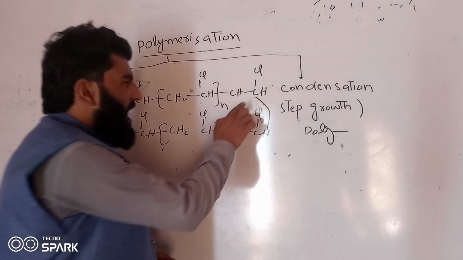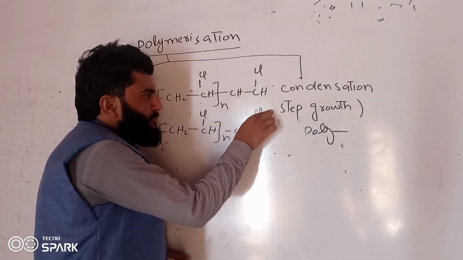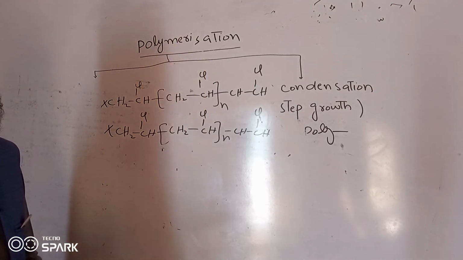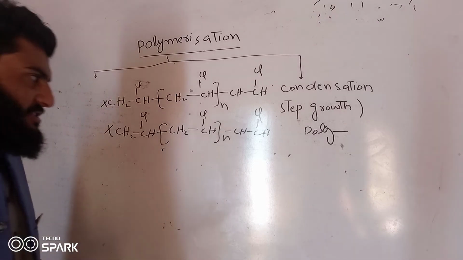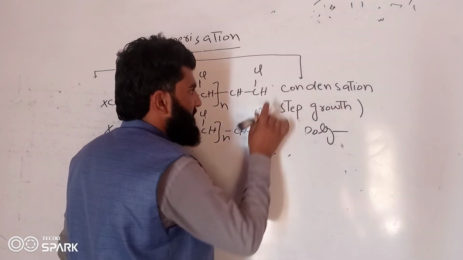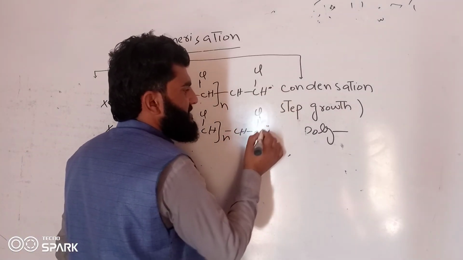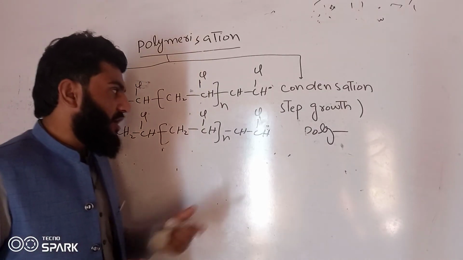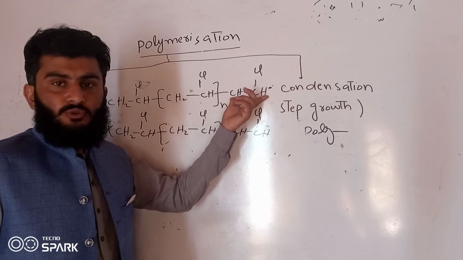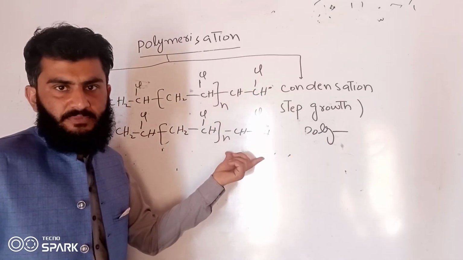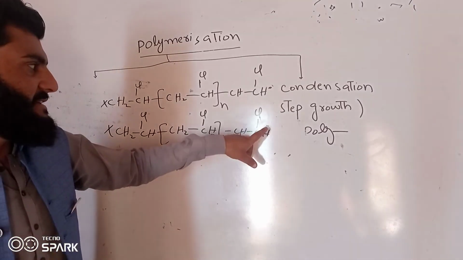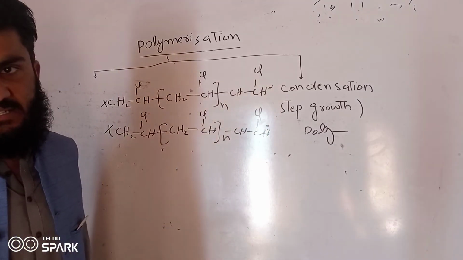Okay. Now I want to terminate the reaction by self-proportionation reaction, as we have discussed. For example, this is a propagated species and this is also a propagated species. Now I want to get a dead polymer. So how will we inactivate this electron and this electron?